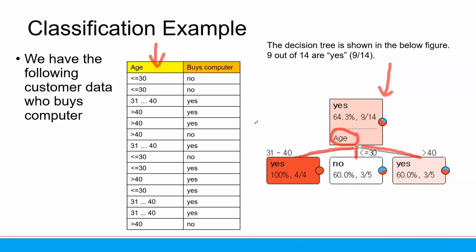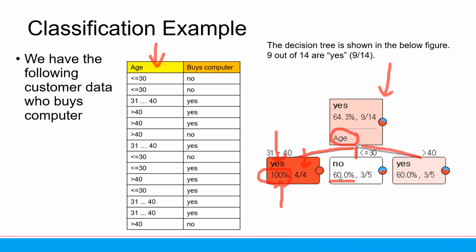And if you check this one, the color is red. So it means this is perfect. We have 100%. All the data is in the decision yes. But if the color is white, it is still less than the expectation.